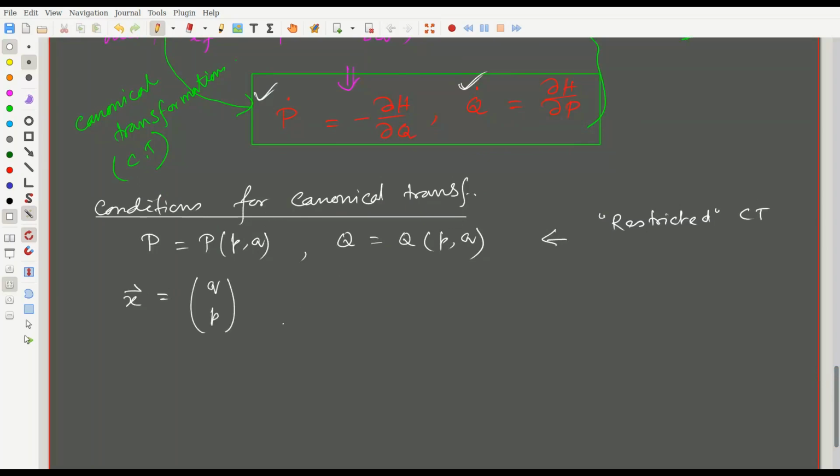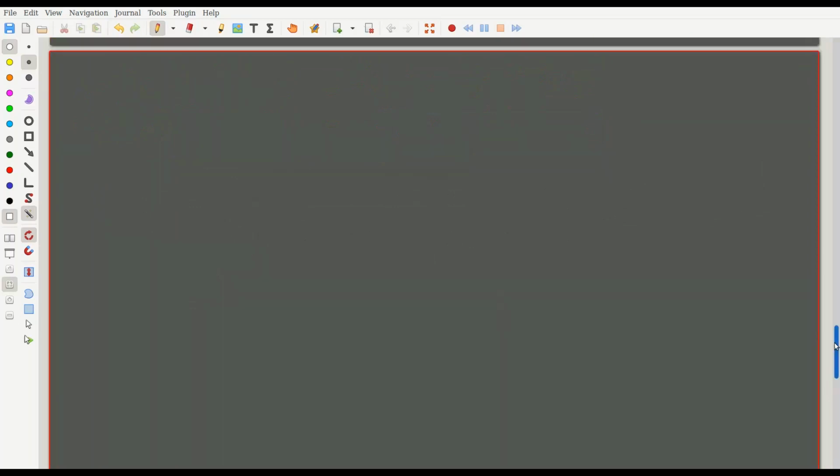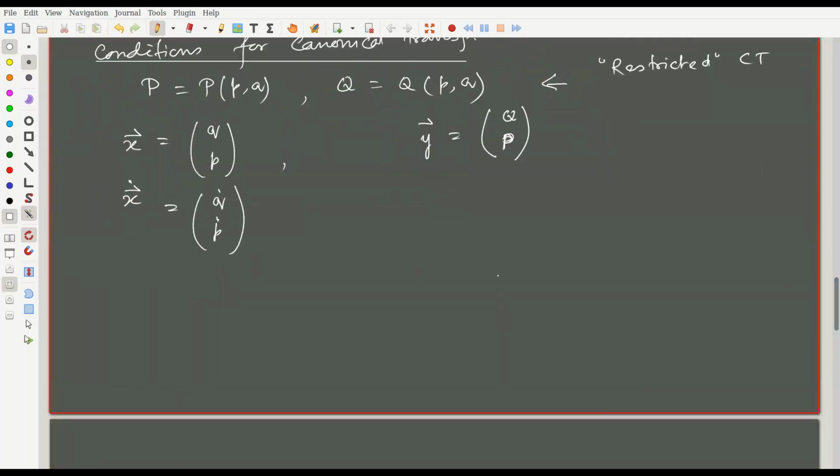And a y vector, which denotes my new coordinates, capital Q and capital P. I am doing it in one dimension, but the n-dimensional version would be similar. So x dot would be q dot, p dot, and so on. You get the idea.